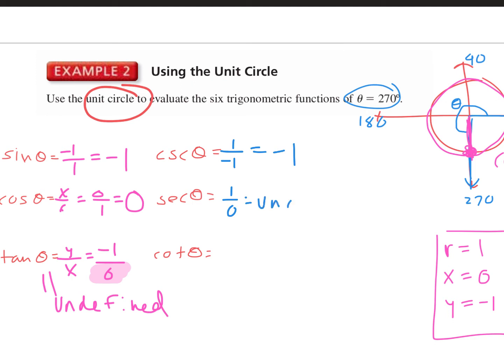Undefined. And then cotangent is the reciprocal of tangent. Since we had negative 1 over 0, now we have 0 over negative 1. And what does 0 over negative 1 simplify to? 0. Whenever you have 0 in the numerator, your answer is 0. If you have 0 in the denominator, your answer is undefined.